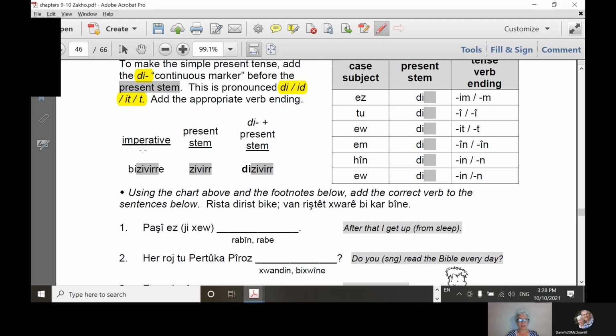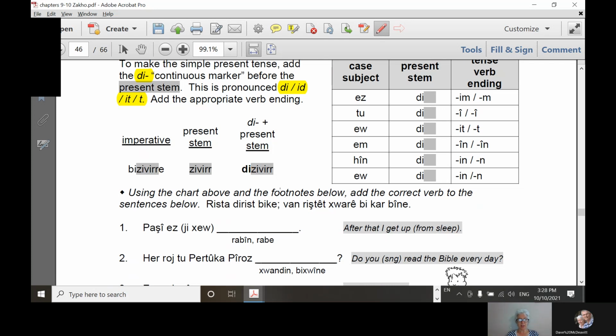If our imperative is bezivra, we're going to form the present stem by getting rid of the bi at the front and getting rid of the a at the end. So we end up with zivr. And then for the simple present tense, we're going to add di in front of the present stem.